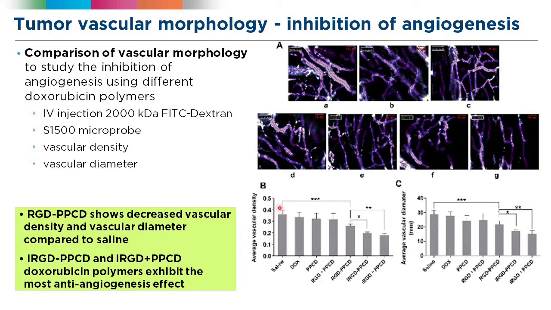So that is the vascular density, and here this is the vascular diameter. And again, they noticed that when using IRGD, internalizing RGD peptide, those antiangiogenic effects were enhanced.